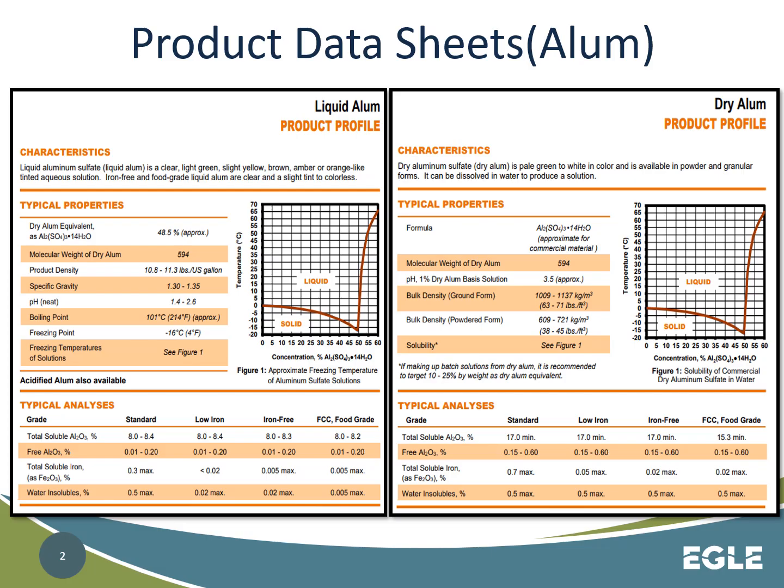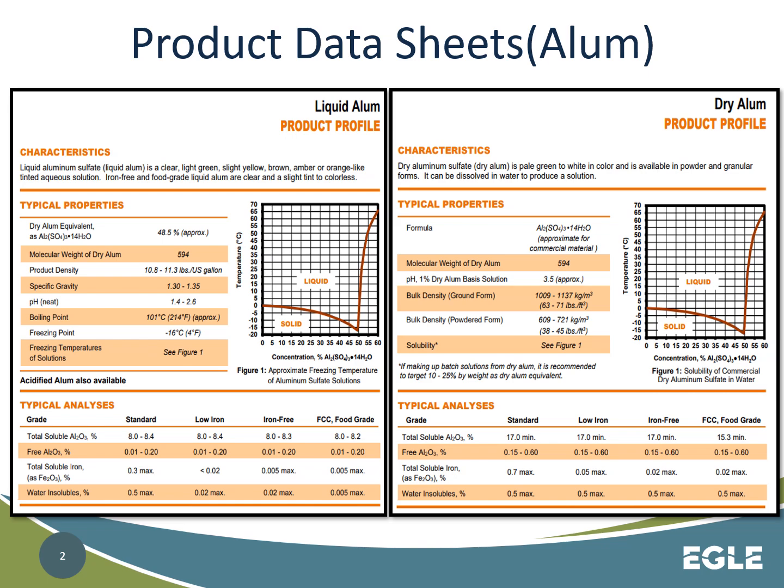So you have 100 pounds of this liquid alum. This product data sheet for liquid alum allows us to calculate how much equivalent dry alum we have in that solution. Without this percentage, we would not be able to calculate your product application or your aluminum ion dosages, right?